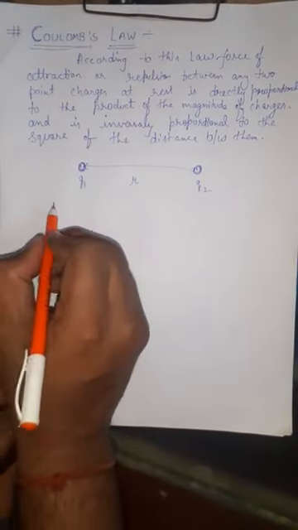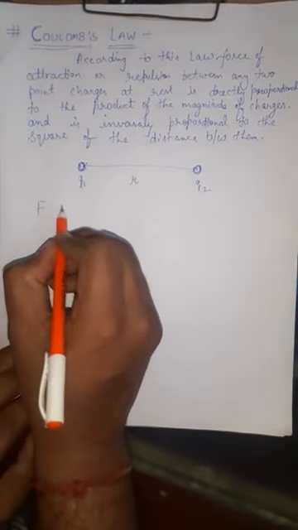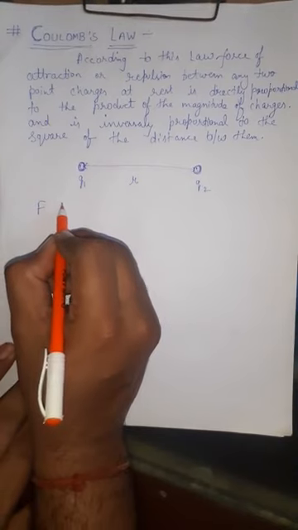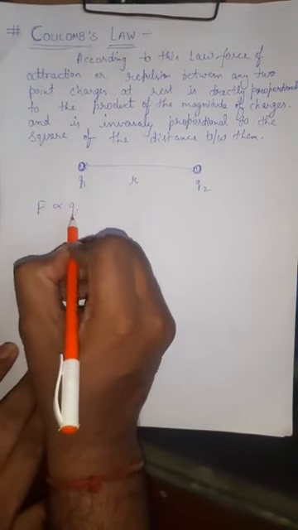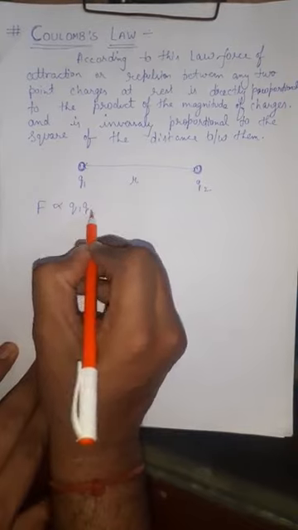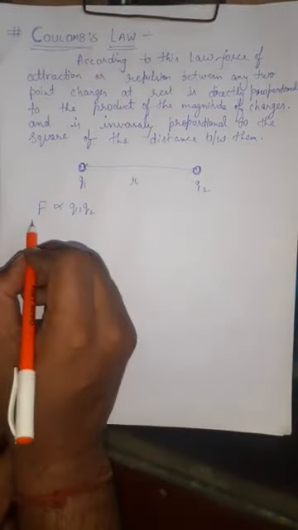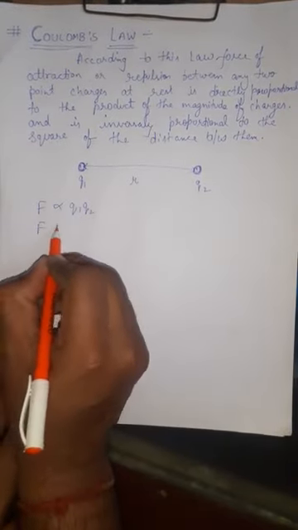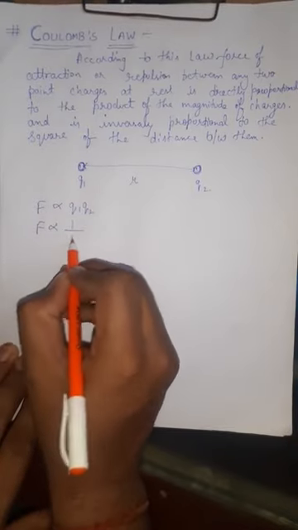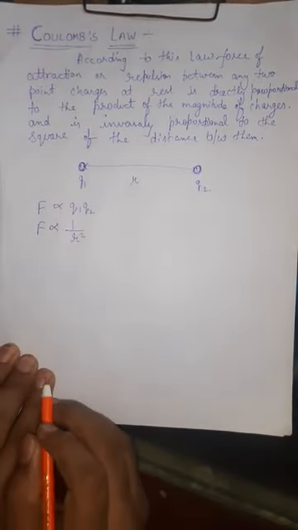According to this law, the force of interaction is directly proportional to the product of the two charges and inversely proportional to the square of the distance between them.